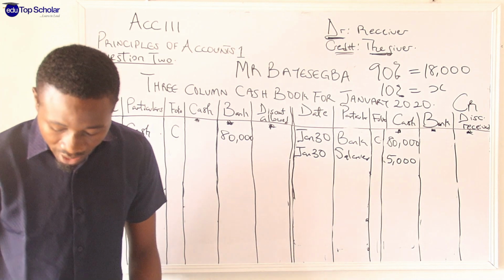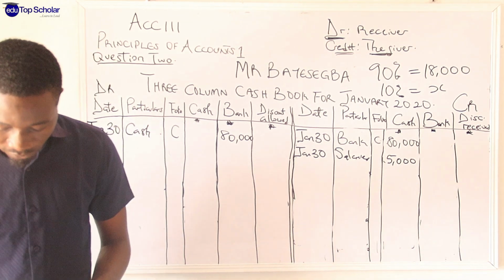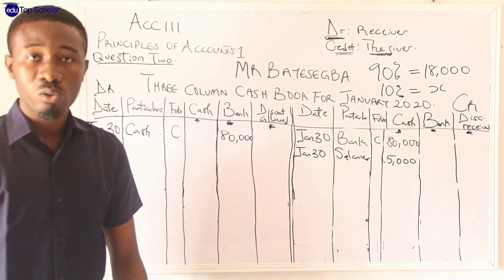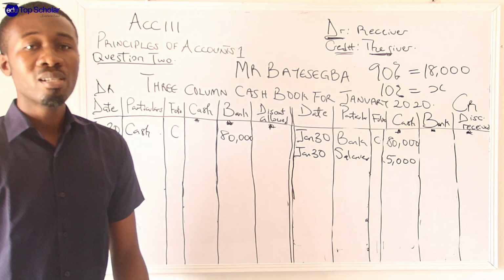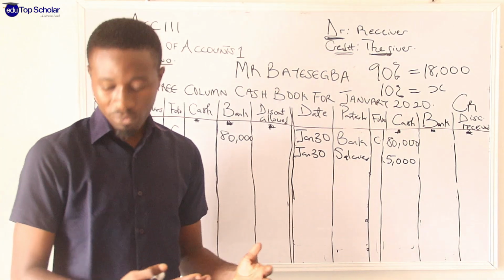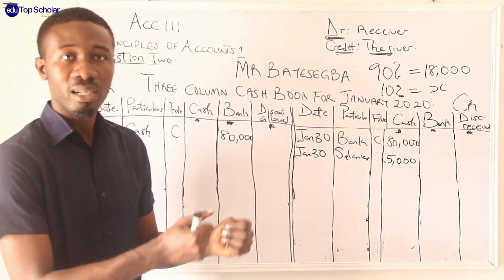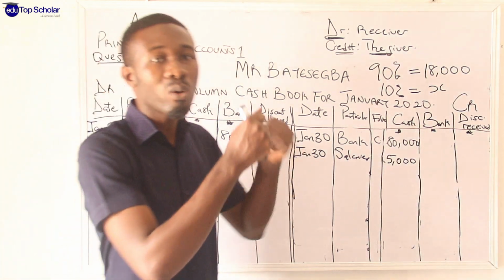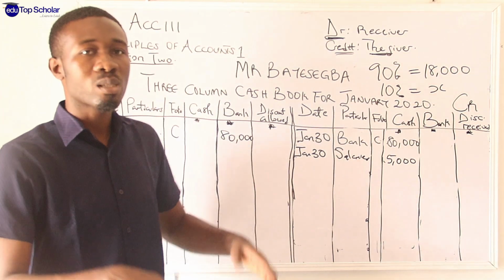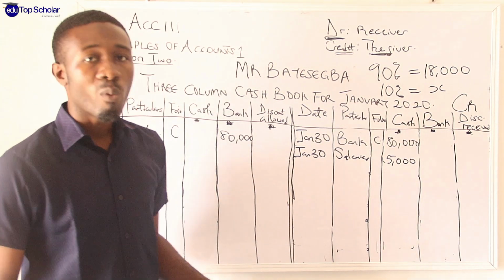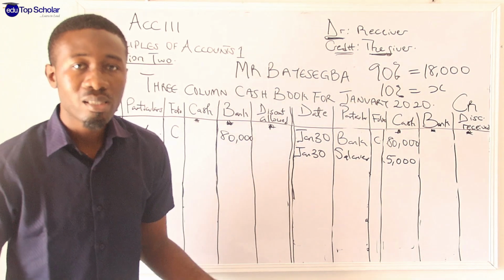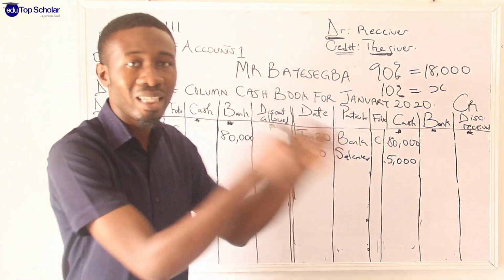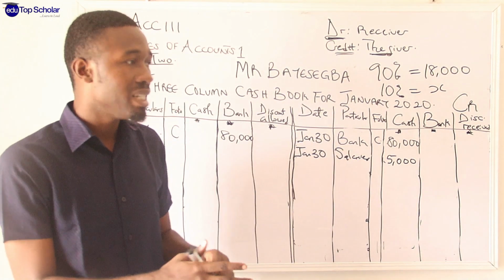So we have January 31. He withdrew cash from bank to pay his son's school fees. In this case, he withdrew cash from the business, from bank, and he took it outside of the business. Whenever you expend money, the business is the giver. So we are giving out money. It's a drawings.